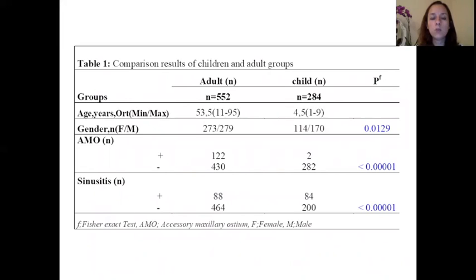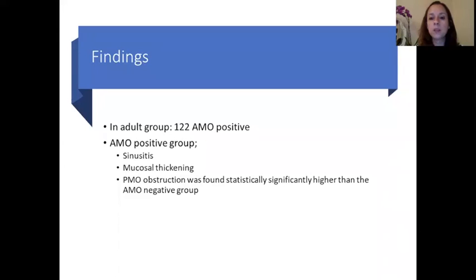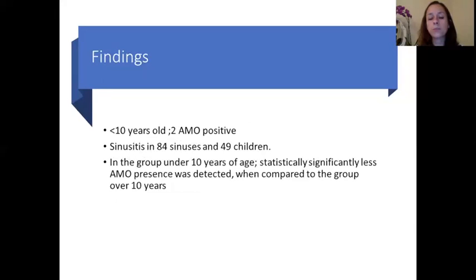This is a comparison of results of the children and adult groups. This is a comparison of results of the accessory ostium positive and negative groups. If I summarize the findings, in the adult group there were 122 accessory maxillary ostiums. In the positive group, sinusitis, mucosal thickening, and primary maxillary ostium obstruction were statistically significantly higher than in the negative group.